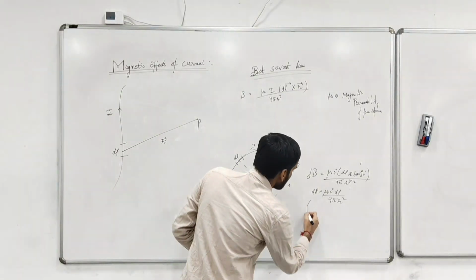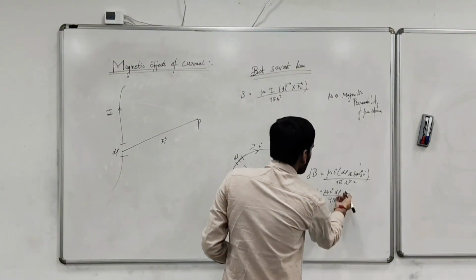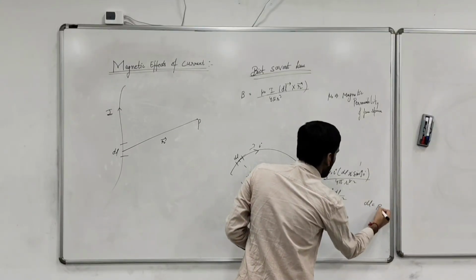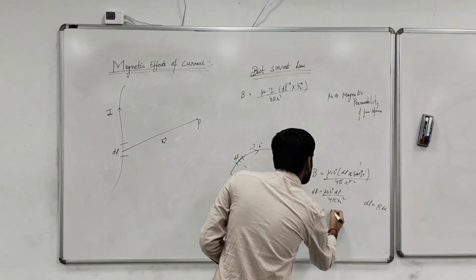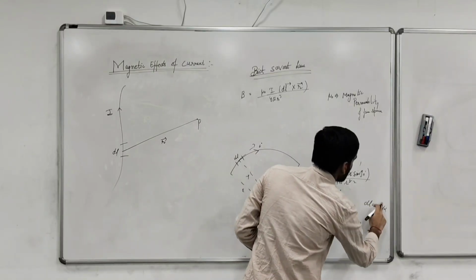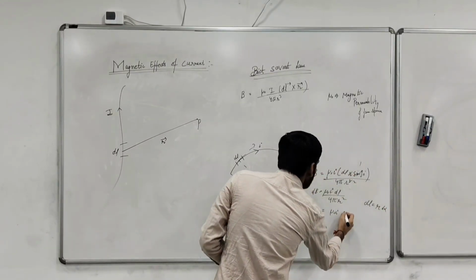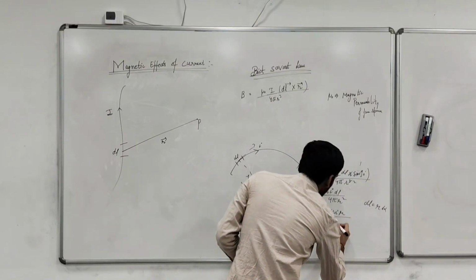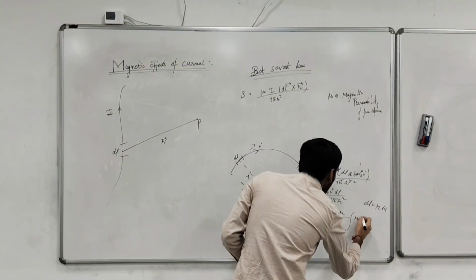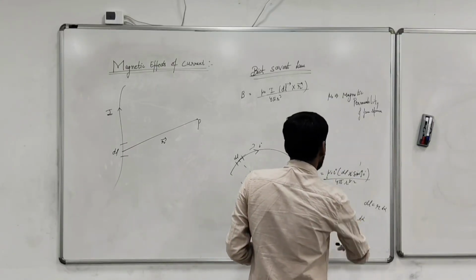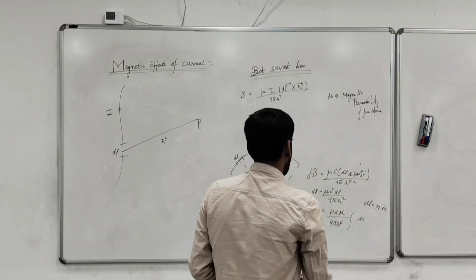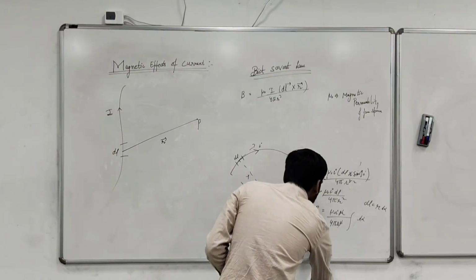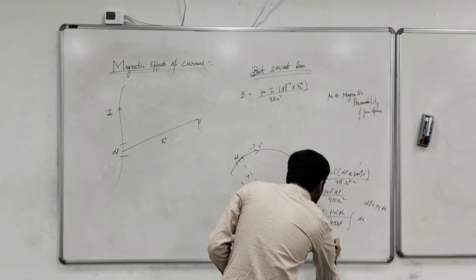So for this entire arc, the magnetic field produced by this entire arc at this point P, we will integrate dB. You can write dl as r d alpha. So mu naught I r d alpha over 4 pi r squared. So B is equal to mu naught I alpha over 4 pi r.